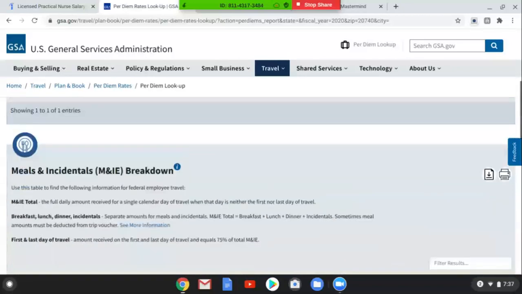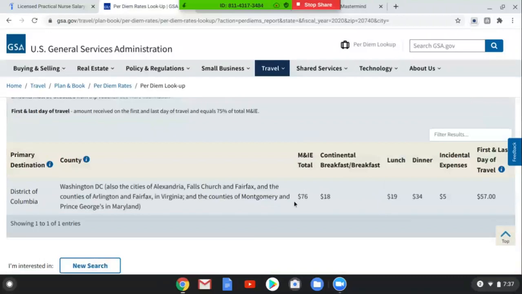And then this breaks it down per item. So it's the $76, the continental breakfast up to, and a lot of this is based on a person actually providing you with receipts. So that's why you see it broken down so much, but you don't have to.